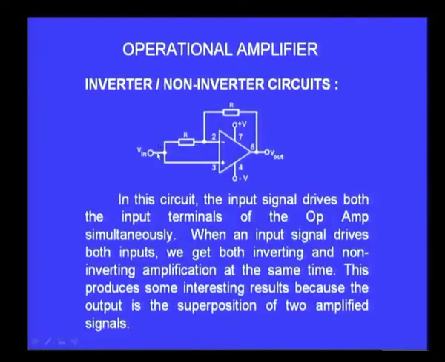and apply the voltage only to the inverting input, then it becomes a very simple exercise because it is an inverting amplifier and the feedback resistor is R, the input resistor is also R, therefore, the gain is minus R by R, that means minus 1. So, it is a very simple inversion circuit.